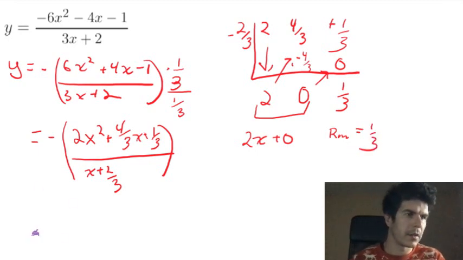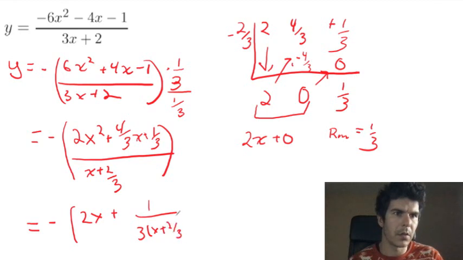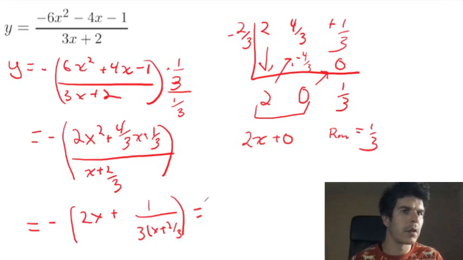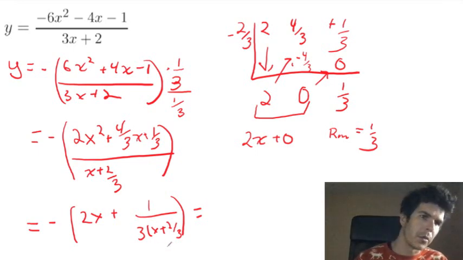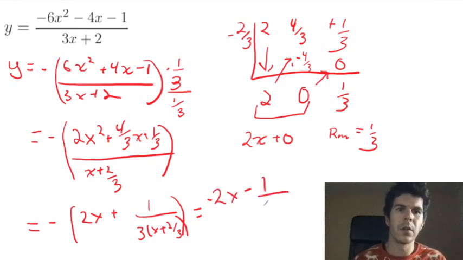Which means this equals negative 2x plus 1 over 3 over x plus 2/3. Multiplying in the negative and multiplying in the 3, we get negative 2x minus 1 over 3x plus 2.